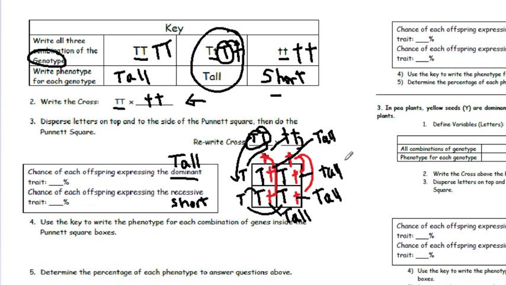Well, I see there's 4 options, and I see 4 tall out of 4. That's 100%. And you want to write tall next to it so we don't lose those points. If you were on a test and you didn't write tall, I might not know what you were talking about, right? So write tall there. And here we have 0, because we have 0 shorts. We have 4 talls, 4 out of 4, and 0 out of 4 short. And that's your answer.